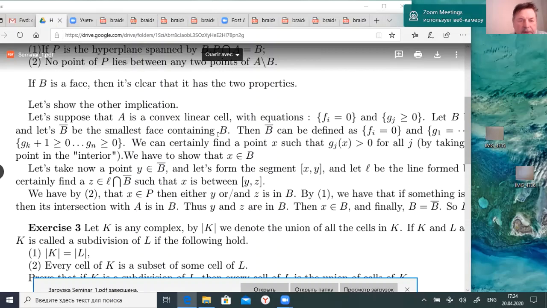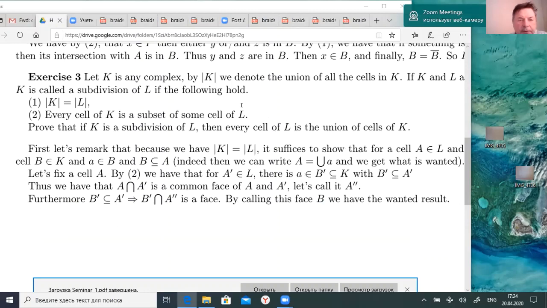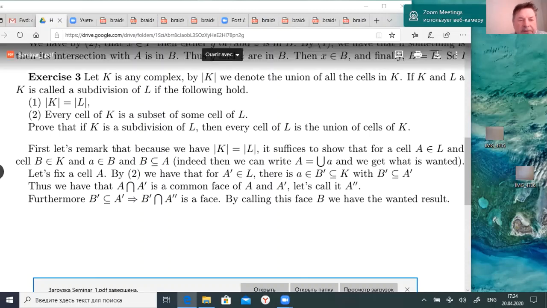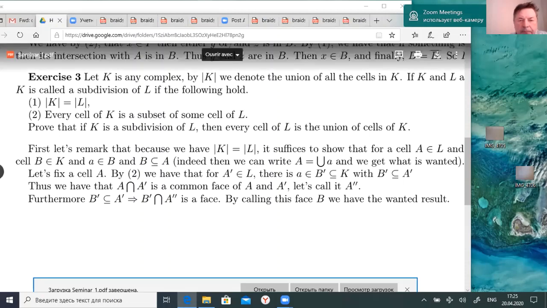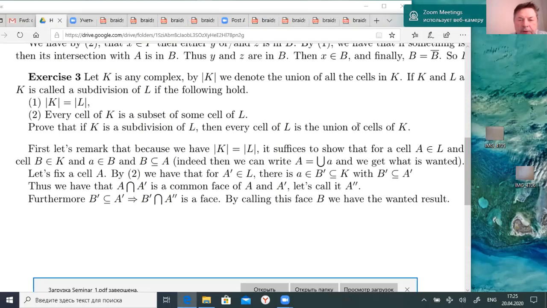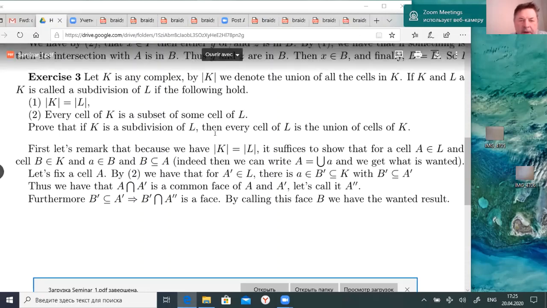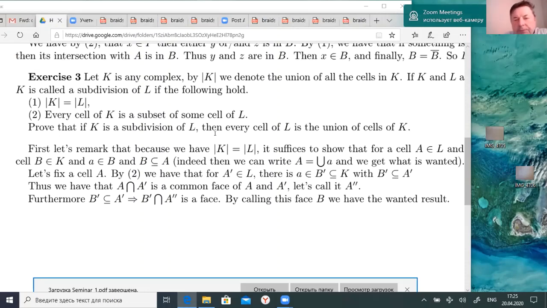Anyway, so let us discuss the third exercise in your homework, that if K is any complex and there is L, a subdivision, which means that K bar is equal to K, the union of cells, that every cell of L is the union of cells of K. Formally this doesn't mean that this is true for the general definition of subdivision.